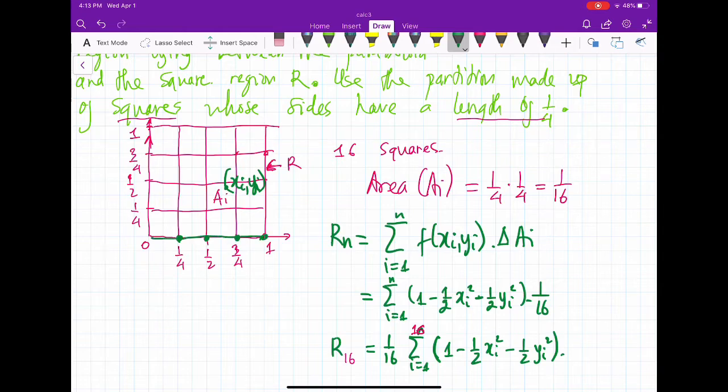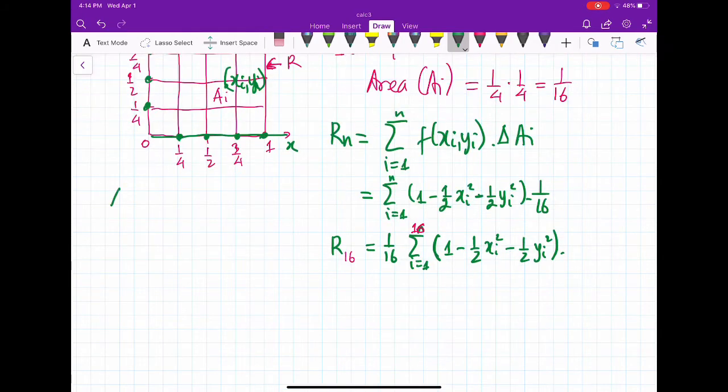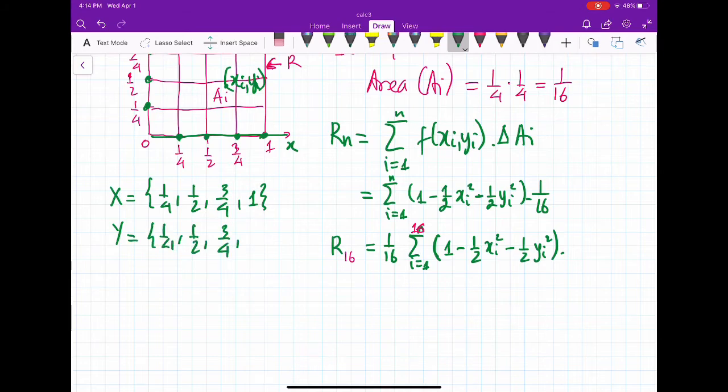It's what we have in here, the partition from 0 to 1 for x. And for y, I will have the same points. So if I choose right endpoints all the time, x is 1/4, 1/2, 3/4, and 1, and y is 1/4, 1/2, 3/4, and 1.